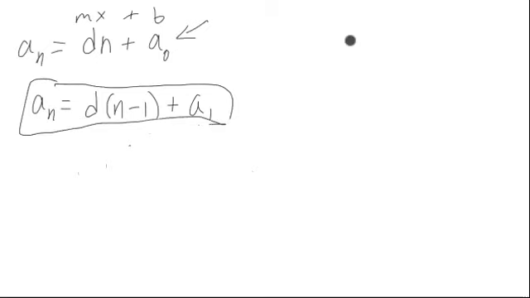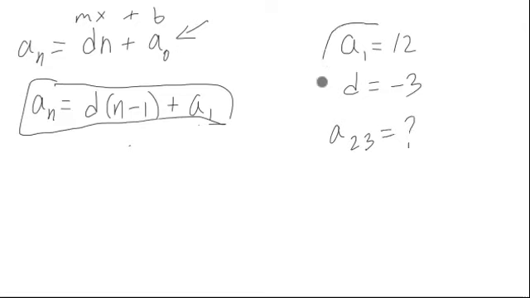Okay, so sometimes questions are asked like this. Suppose that a sub 1 is equal to 12 and maybe d is equal to -3, and then they say, what is a sub 23 equal to? To figure that out, first we take these and we can get our formula for our sequence.